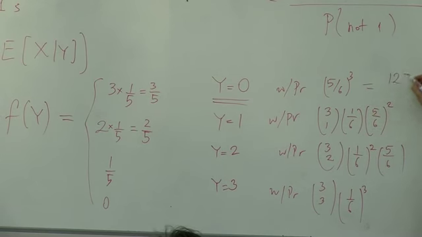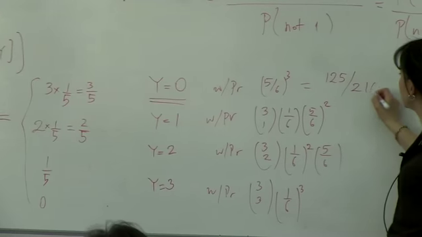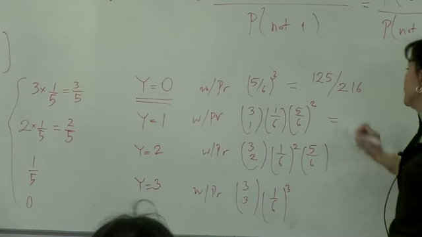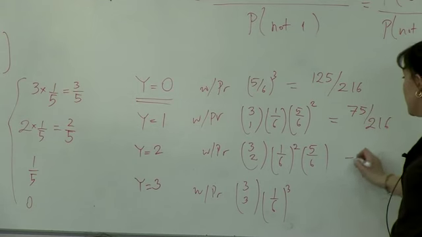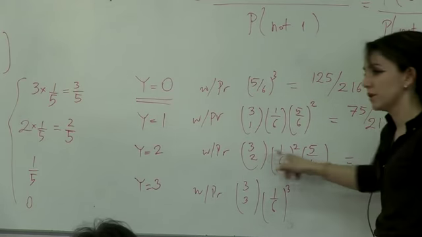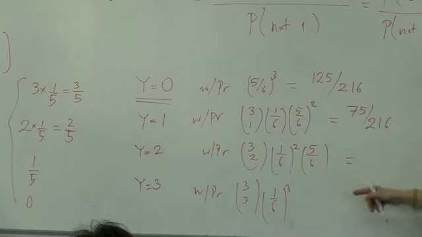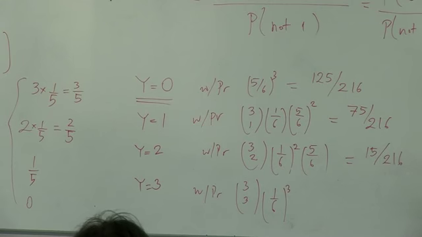This is 125 divided by 216. This is 75 divided by 216. What is this? 3 times 1 over 36 times 5 over 6, which is 15 over 216.